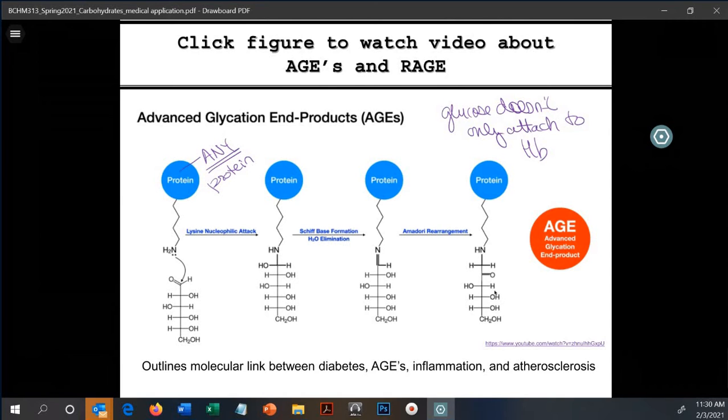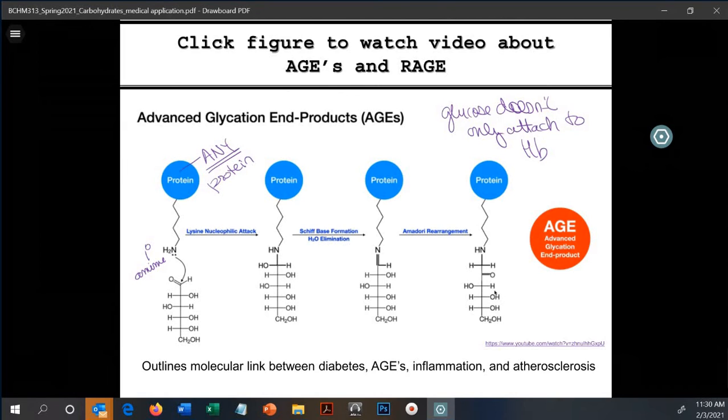And what happens is that there are intramolecular rearrangements. Are you responsible for all of this? No, I'm not going to hold you responsible for the mechanism here, but know that it's a primary amine. Here they're showing you lysine, but it can occur with any primary amine.